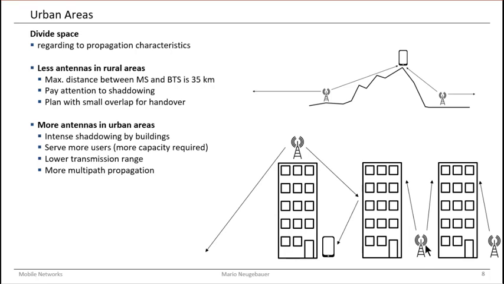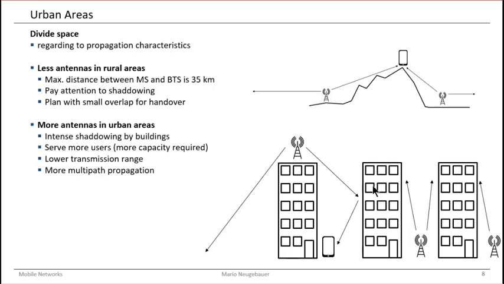Another possibility would be to place a base station here on the ground, and therewith we can reach more users, maybe without reflections, in the gap between the two buildings. But on the top of the roof it might be difficult to receive the signal, and we would need to place another base station if we look into the next gap between the next buildings in the next street, for example.